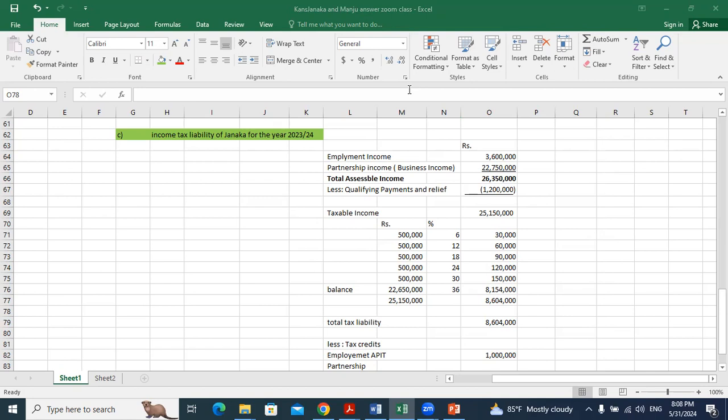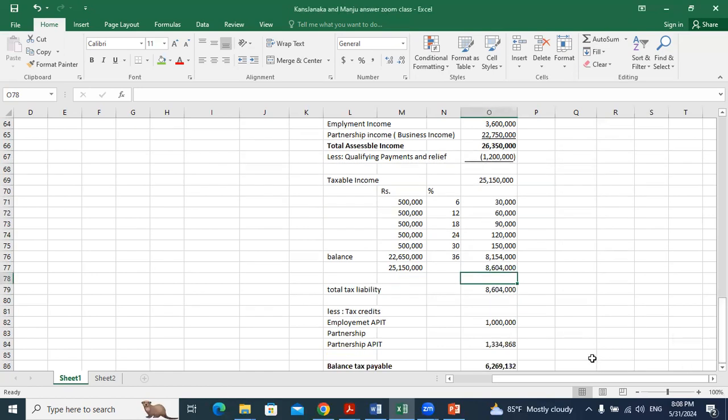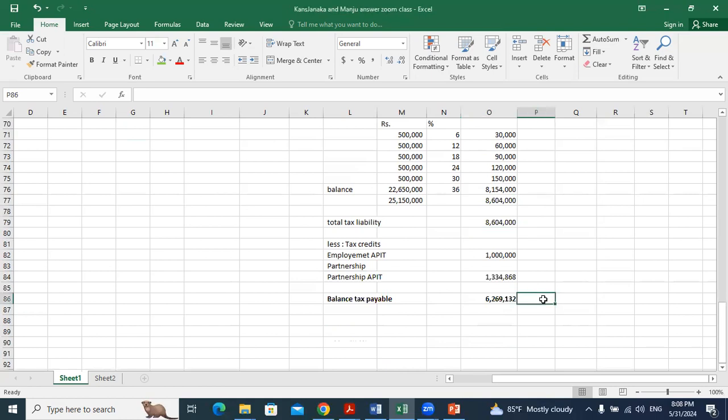Any mistakes? Has somebody observed any mistakes in the formulas? Balance tax payable: from this figure we deduct this figure and the partnership tax.